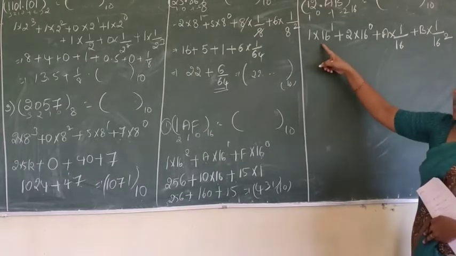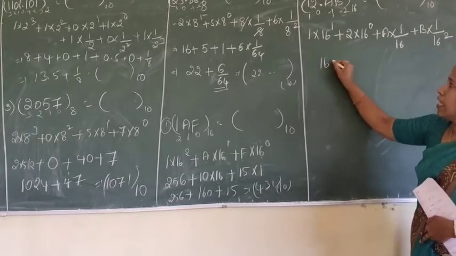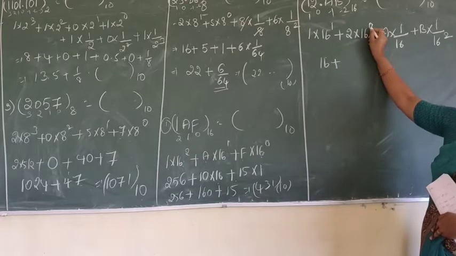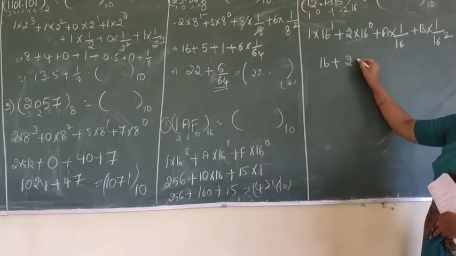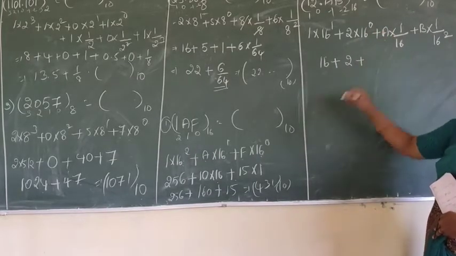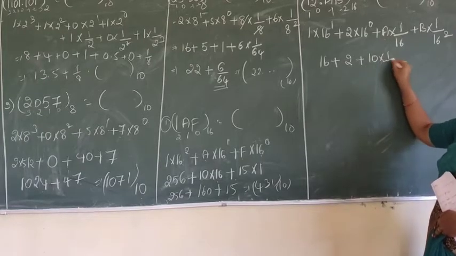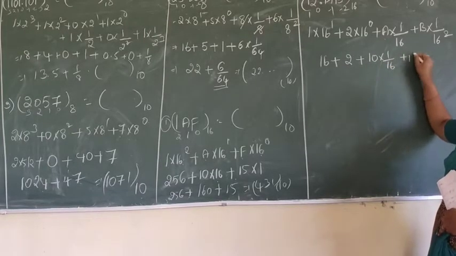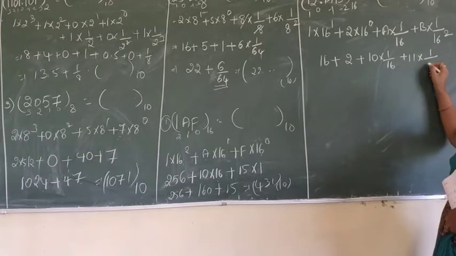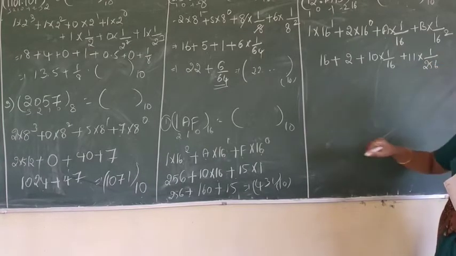So 1 into 16 to the power of 1 is 16, plus 2 into 16 to the power of 0 is 1, that is 2 into 1, plus A is nothing but 10. 10 into 1 by 16, plus B, 11 into 1 by 16 square, that is 256.